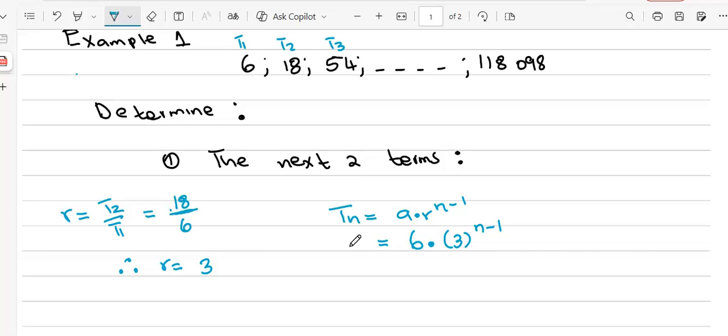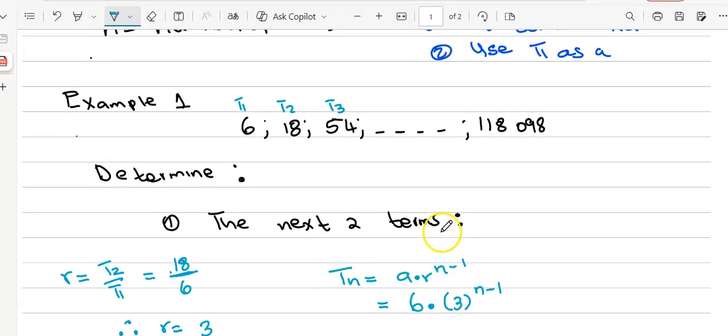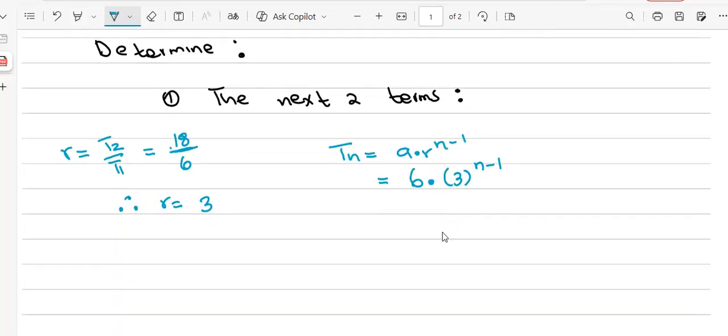Now that you have the general term, it will be easy for you to find T4 and term number 5, because we are looking for term number 4 and term number 5. Term 4 equals, meaning that on the general term, where there's n, you need to put 4.